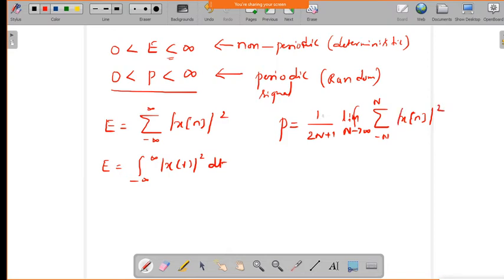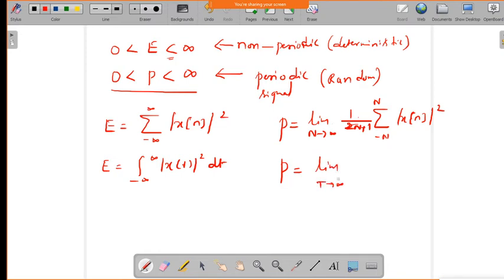So the limit you can write it here. Okay, so limit n tends to infinity, 1 over 2n plus 1.